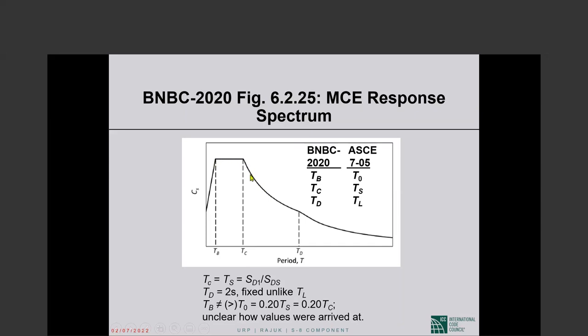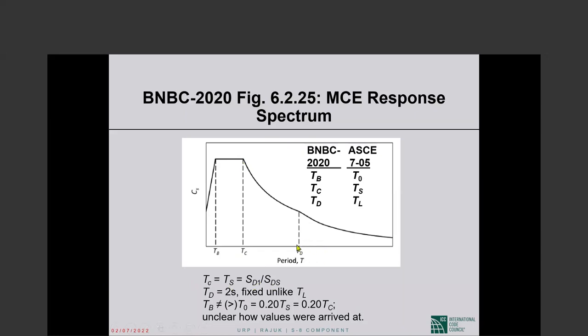The equation for the descending branch is S sub D1 by T. Both have to be equal, which means this period has to be S sub D1 divided by S sub DS as it is. So T sub C and T sub S are no different.